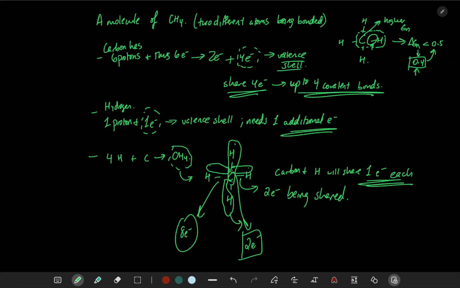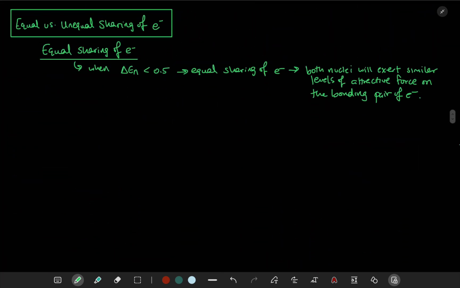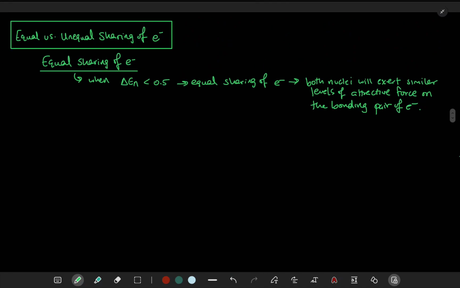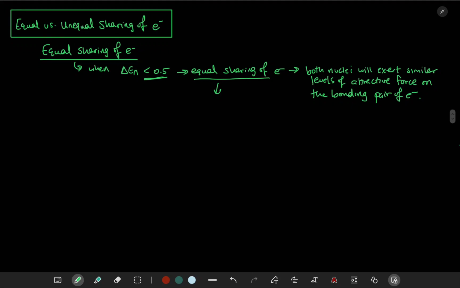Okay, so let's go back to what we said, right? We said that when we have a difference in electronegativity between the 2 atoms involved in a bond of less than 0.5, you're going to have equal sharing of electrons, right? What that means is both nuclei will exert similar levels of attractive force on the bonding pair of electrons, resulting in fairly equal sharing of electrons. We said the sharing of electrons results in a covalent bond, right?